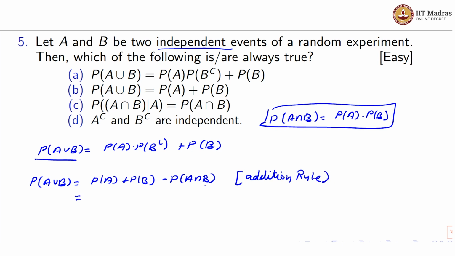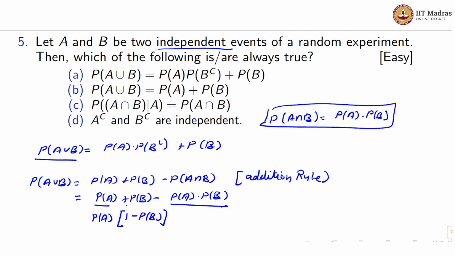And I know that P of A intersection B is P of A into P of B. So P of A plus P of B minus this I can write as P of A dot P of B. I can take common P of A from both the terms, then it will be 1 minus P of B, which is equal to probability of B complement.